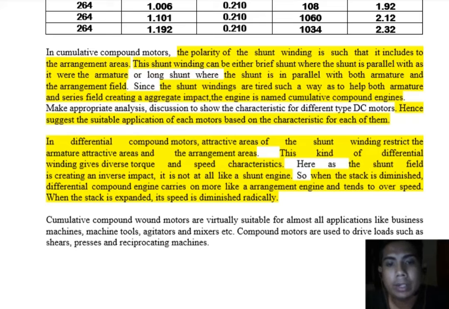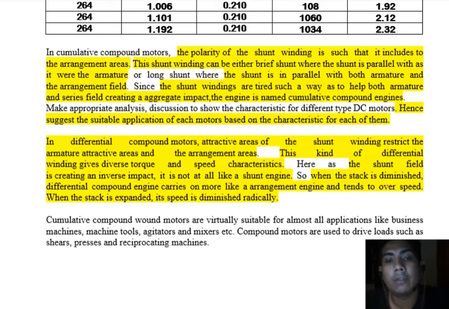The shunt winding is tied in such a way as to help both armature and series field, creating an aggregate impact. The engine is named the cumulative compound engine, hence suggesting the suitable application for each motor based on the characteristics of each of them.